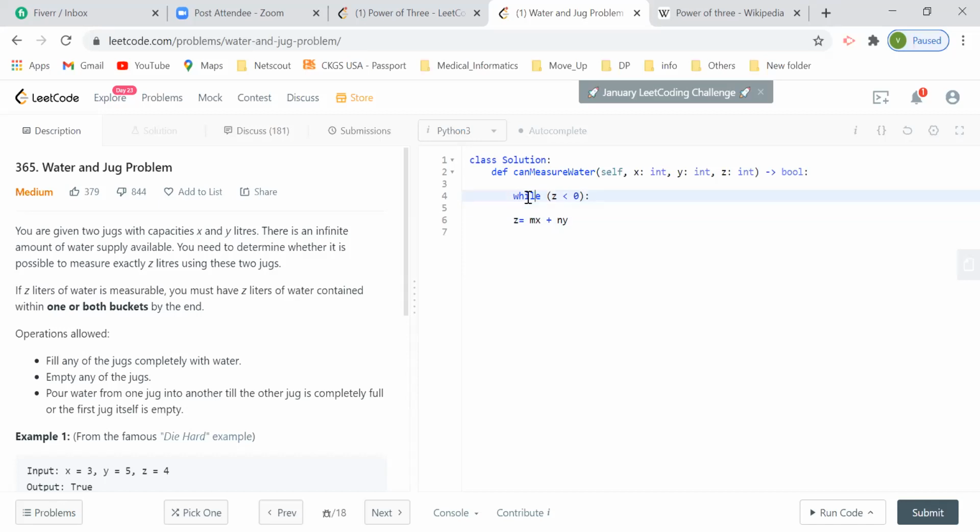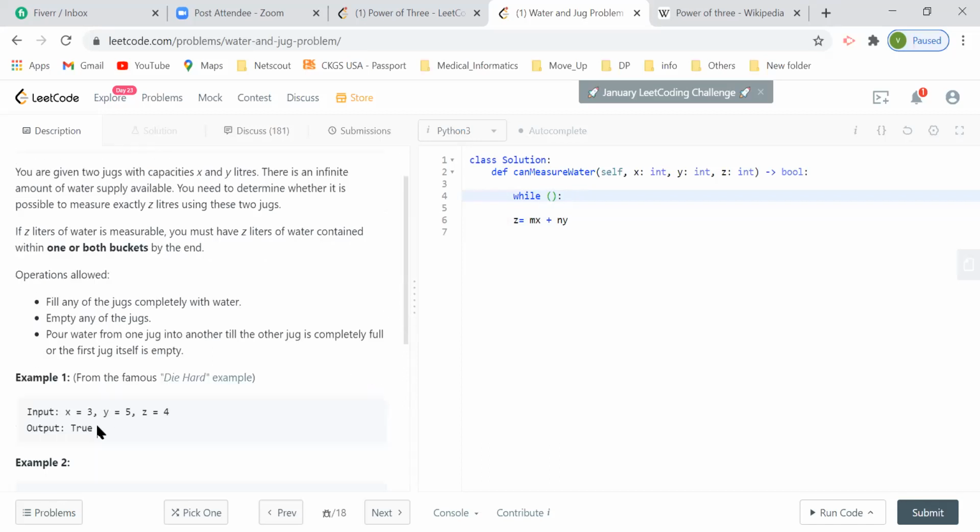So no, less than. Basically you have to find out something like this. You have to see whether z is divisible by mx plus ny. So how do I get that mx plus ny? x is equal to 3, y is equal to 5, z is equal to 4. How are they getting that?